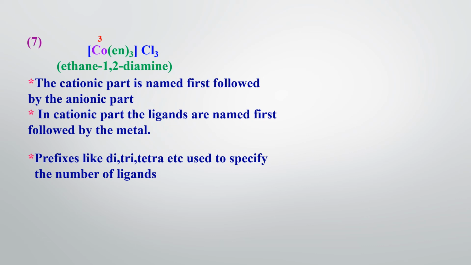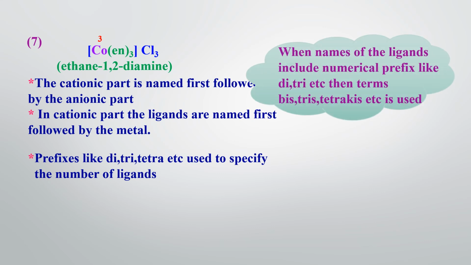So if the ligand name already contains a Greek prefix like di, tri, tetra, then we use another type of prefix, that is nothing but bis, tris, tetrakis, and so on.